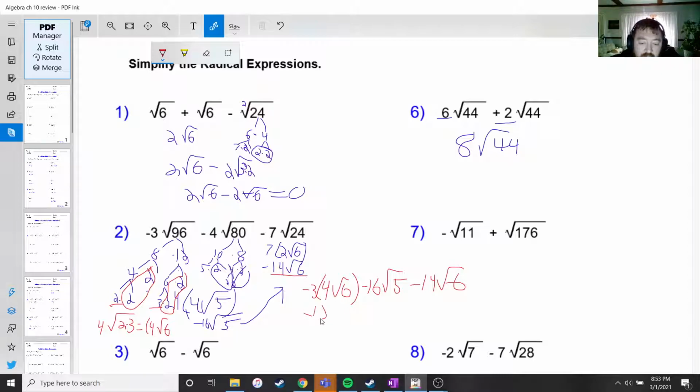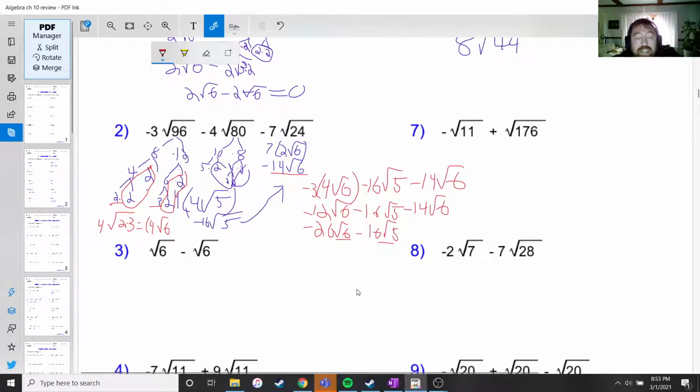So this is negative 12 radical 6 minus 16 radical 5 minus 14 radical 6, which is going to simplify to negative 26 radical 6 minus 16 radical 5. So now, since these are not the same radicals, we can't combine those.